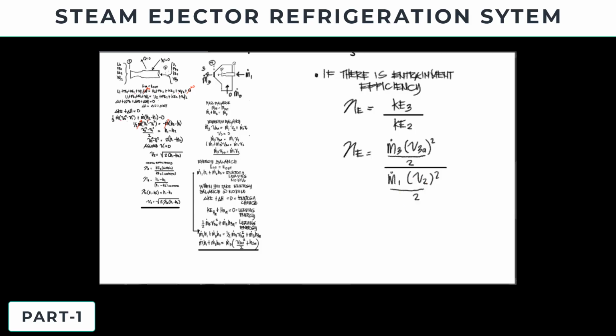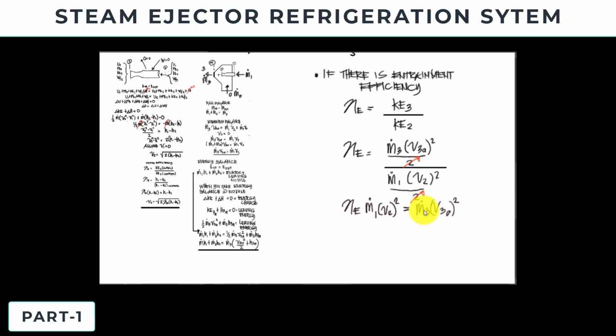So we cancel out the common 2 here, and we can rewrite the equation as the nozzle efficiency times the mass flow rate 1 times velocity 2 squared, which is equal to the mass flow rate 3 times velocity 3A squared.